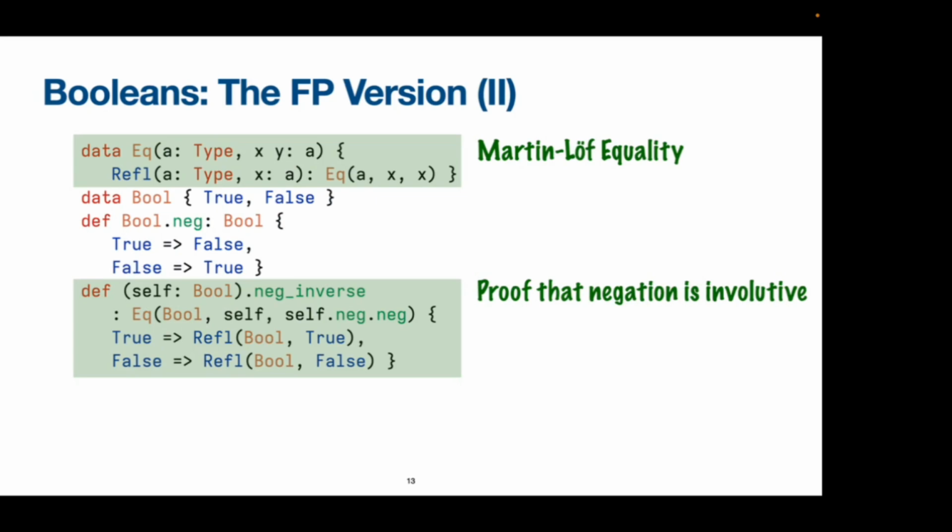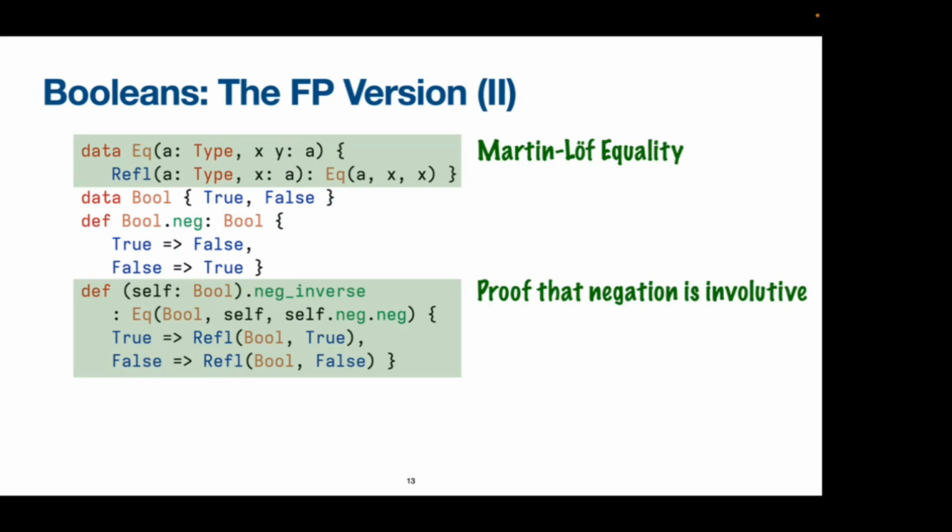This proof that negation is involutive is here written as an observation of a boolean called self, where the self type occurs in the return type of the function neg inverse. And the proof proceeds just by pattern matching on all possible booleans.